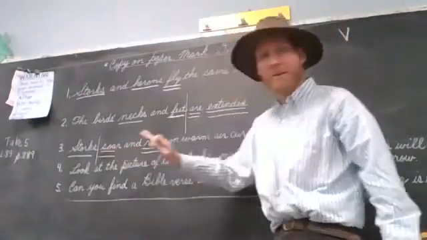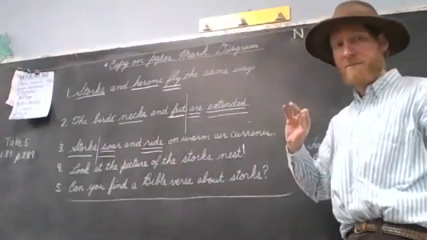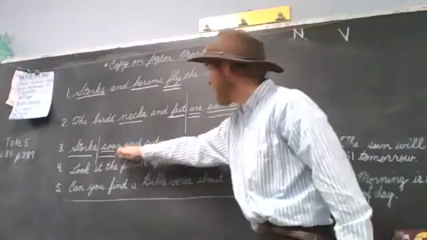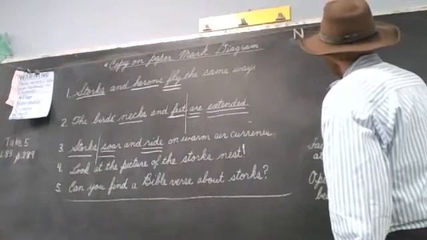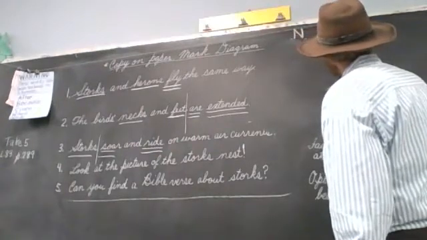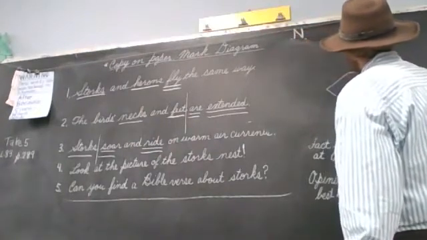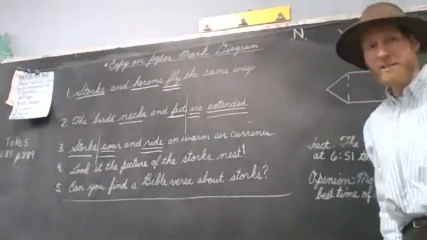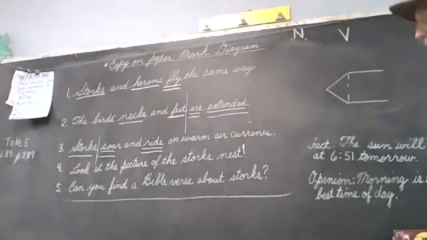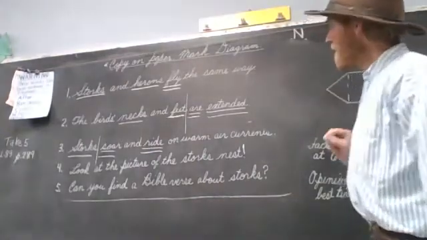Is it one verb or is it compound? There's two separate verbs, right? So it is compound. So I'm going to do a compound rocket ship, right? We do a rocket ship when it's compound, just like that. And then how many subjects do we have?